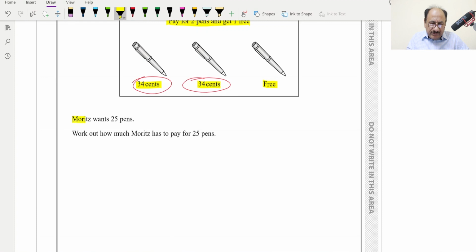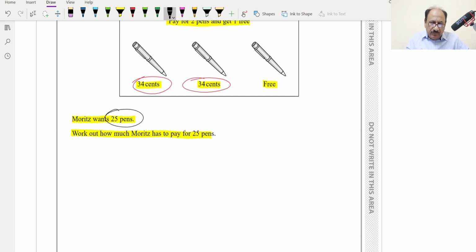Then Moritz wants 25 pens. Work out how much Moritz has to pay for 25 pens. So we have to check how much he has to pay, and 25 pens are required.